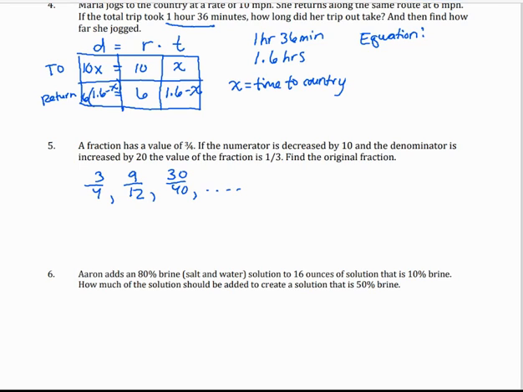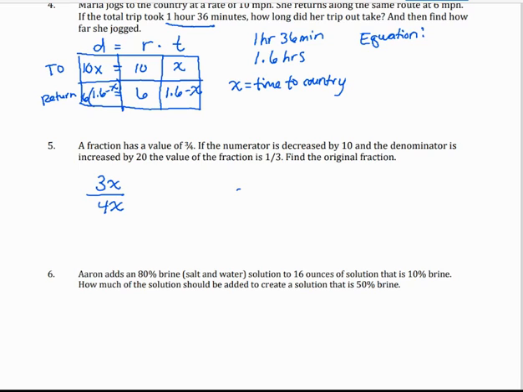Lots of different options. So how did I find all those? All of those were a multiple of 3/4. So what we need to understand is that the original fraction is something like 3x over 4x. No matter what x is going to be, that will reduce to 3/4. So I have a fraction that has a value of 3/4.